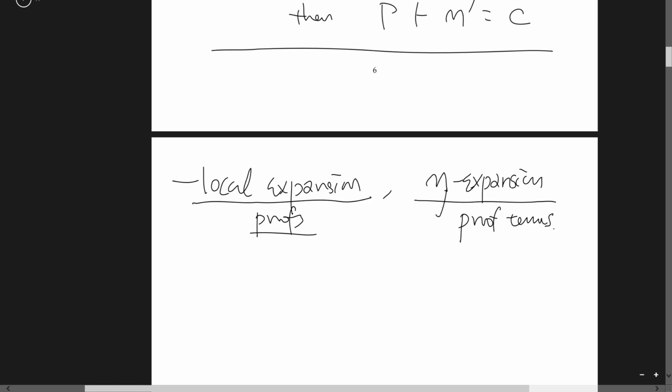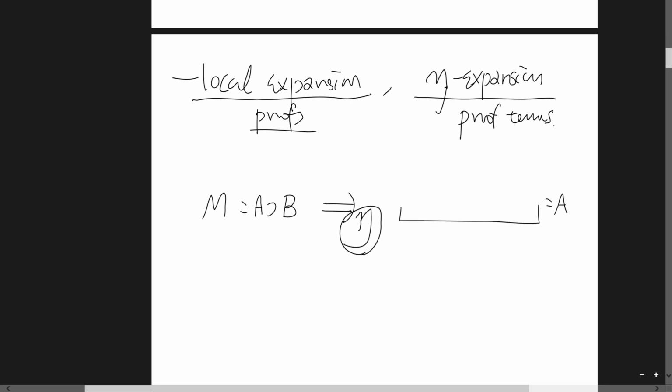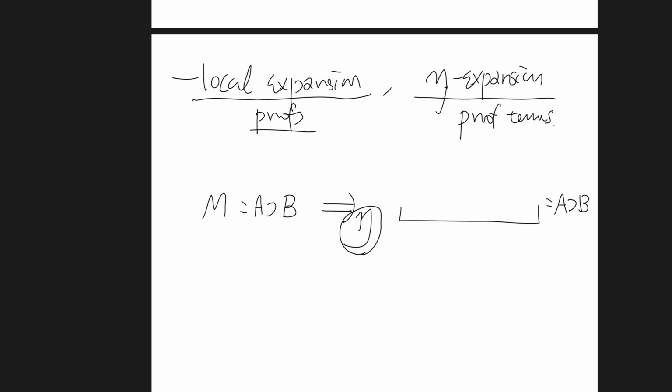So here's an example. Suppose that we have M of type A implies B. The goal now is we'd like to eta expand it, so we use this subscript eta. And we'd like to obtain essentially a proof term of the same type A implies B, but this time by applying elimination rules.